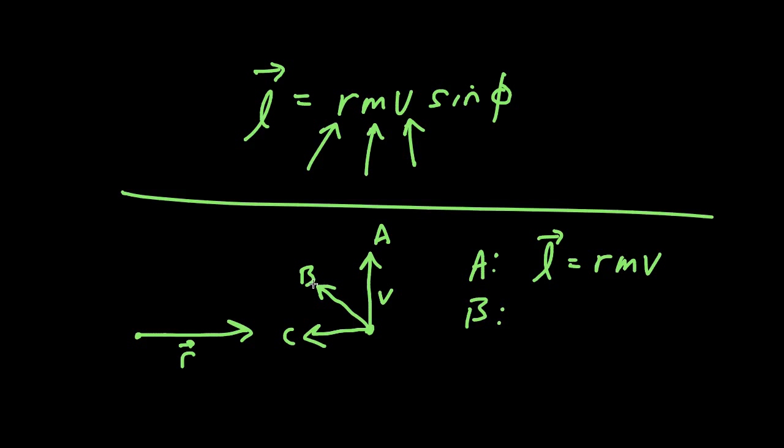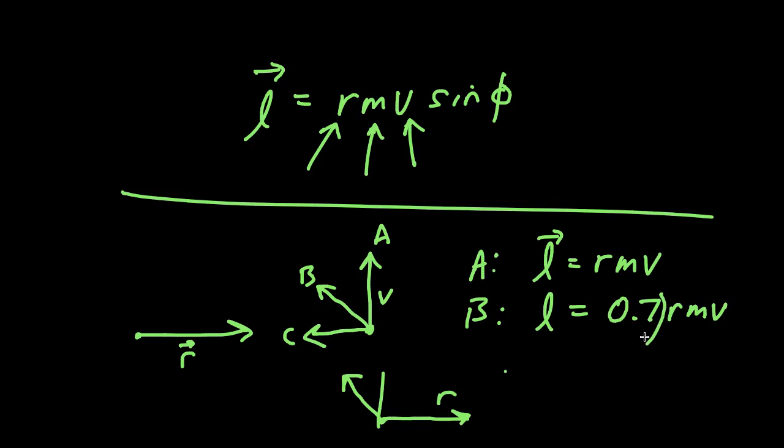In case B, now this phi here, you have to be careful because the radius vector is this way and the velocity or momentum vector is this way. So this ends up being 135 degrees. So L ends up being 0.7 r m v, because the sine of 135 degrees is 0.7.